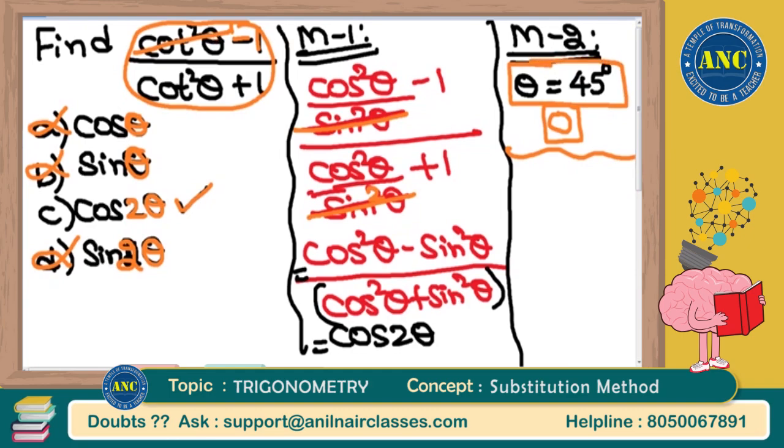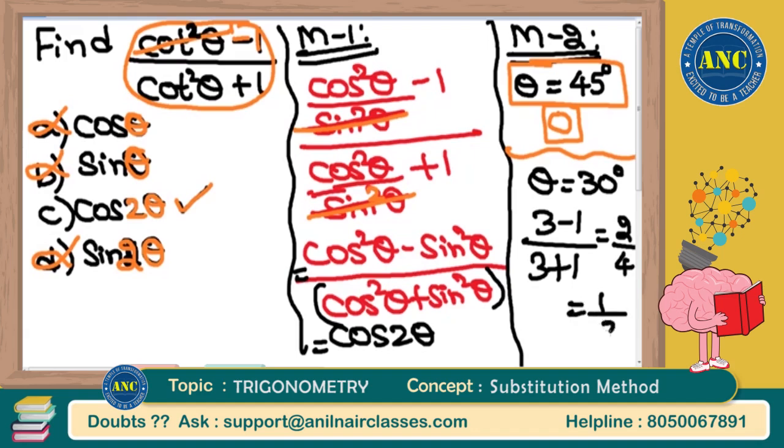Don't put theta value as 60 degrees or 30 degrees, because if I put theta 30 degrees, for example, tan 30 is 1 by root 3, cot 30 is root 3, cot square 30 is 3. It is 3 minus 1 by 3 plus 1. Yes, it is not that difficult. 2 by 4 is 1 by 2. But instead of using these values, 0 is very fast, right?